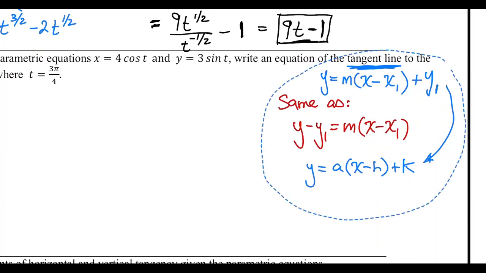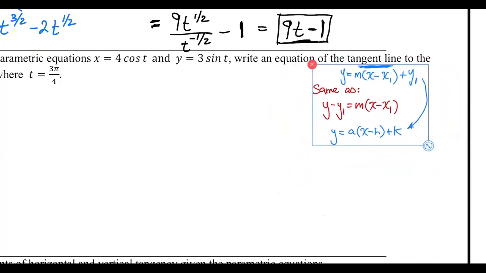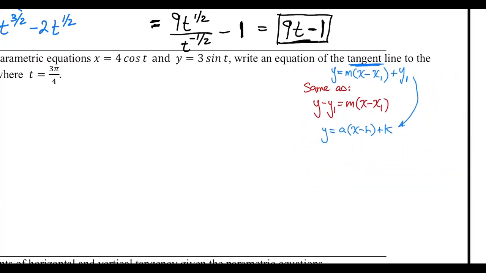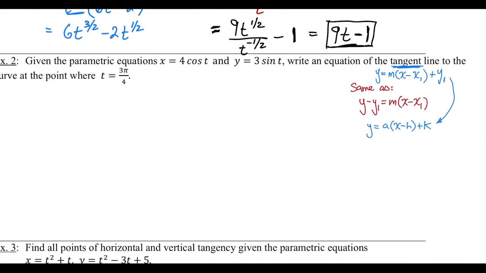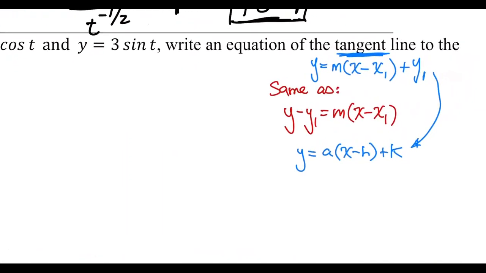If your teacher showed you this way, then maybe I'm not as impressive as I think I am, but I'm willing to bet that the far majority of you learned it as some other way. And I've even heard people say that they've had teachers that said, forget this y minus y1 equation.